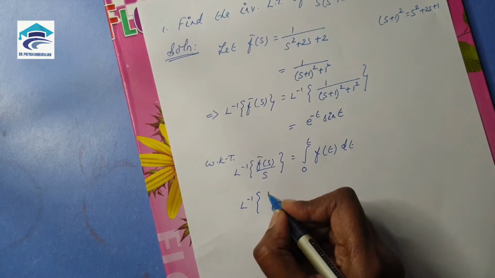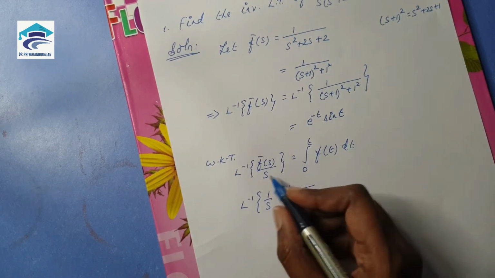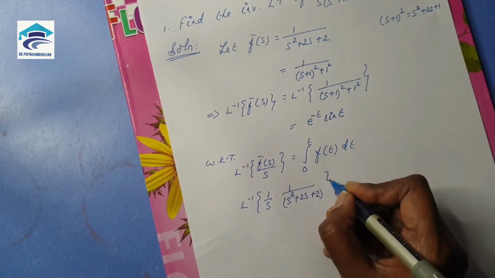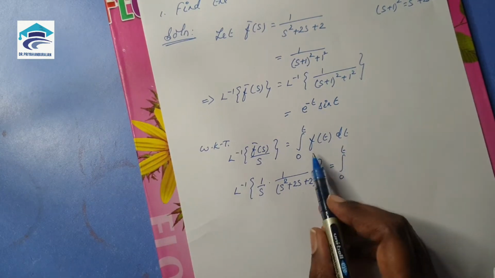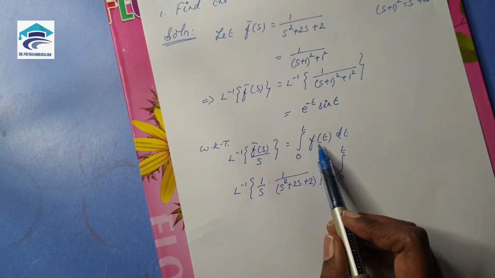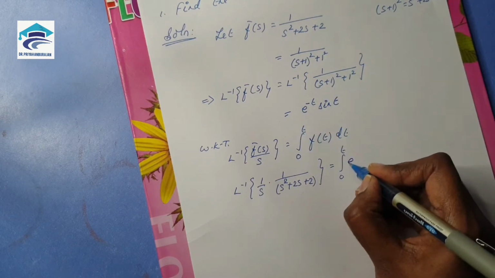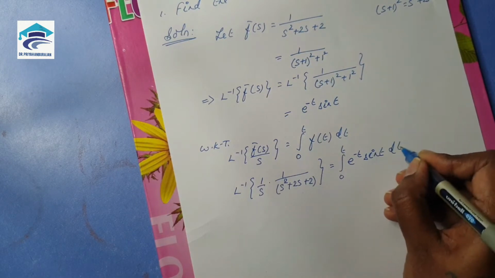So here it is L inverse of 1 by s into 1 by s squared plus 2s plus 2, my f bar of s, which is equal to the integration from 0 to t of f of t. What is f of t here? f of t is L inverse of f bar of s. So this is my f of t. So it is e to the power minus t sin t dt.